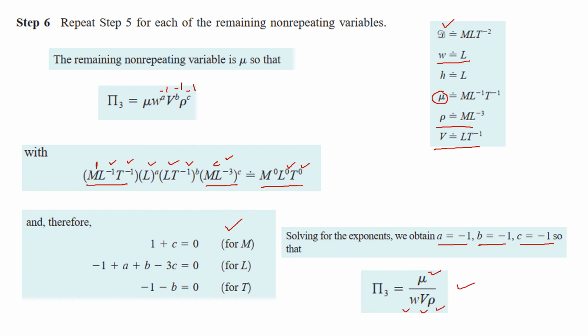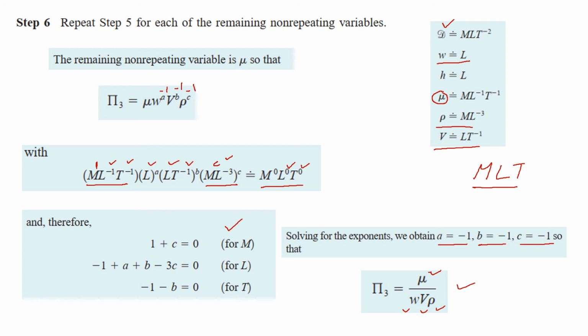So this is my third pi term, and now I have all my 3 pi terms that I needed to find. And now in the next step I will again check them for dimensionlessness, whether they are all dimensionless or not. And as you remember, we started our example with 3 basic dimensions, and these were my 3 basic dimensions MLT.